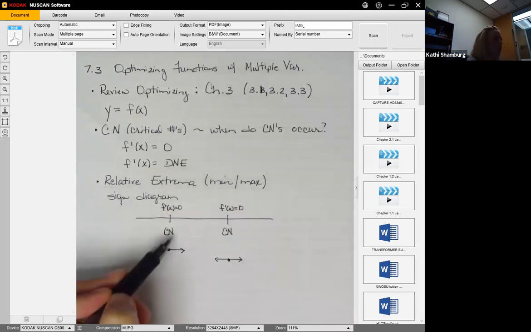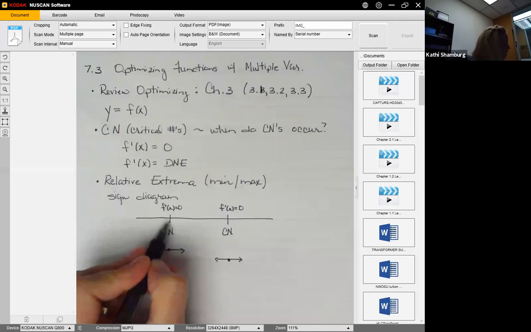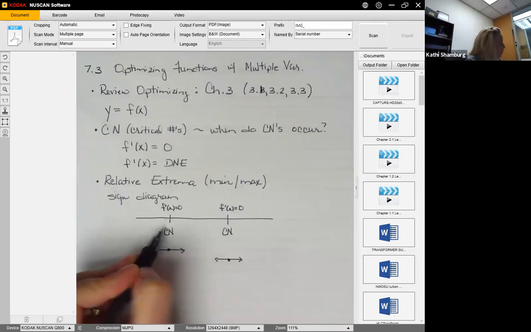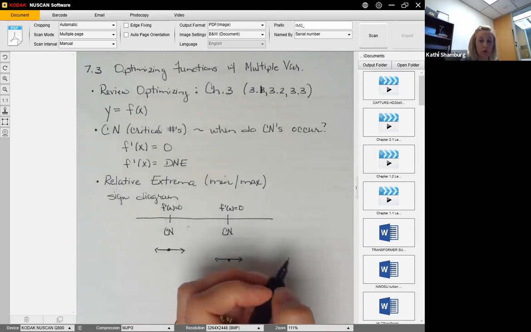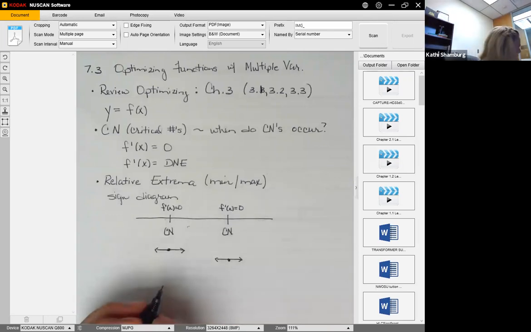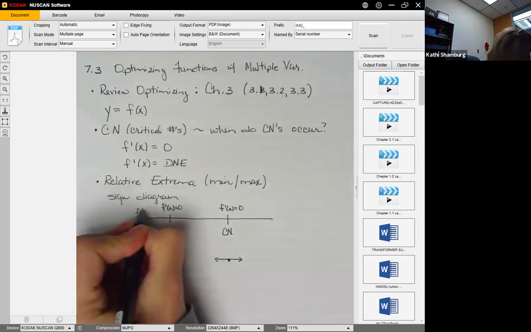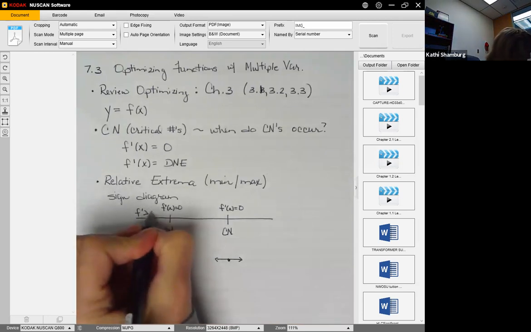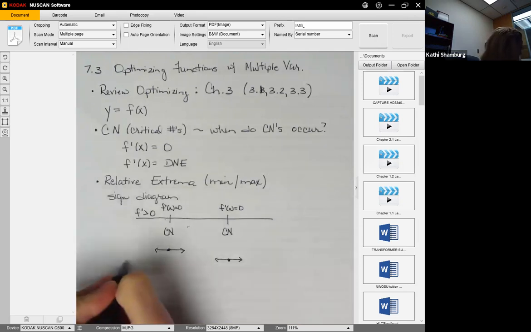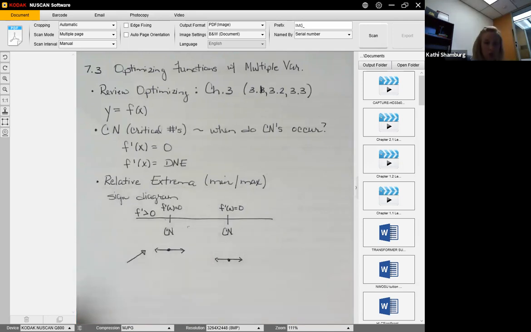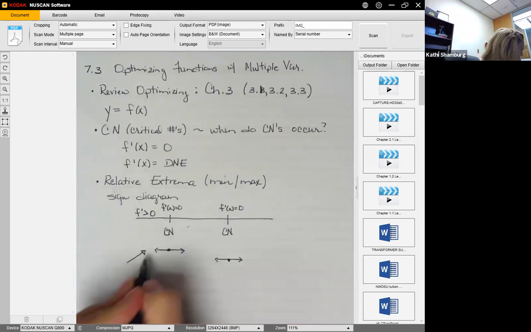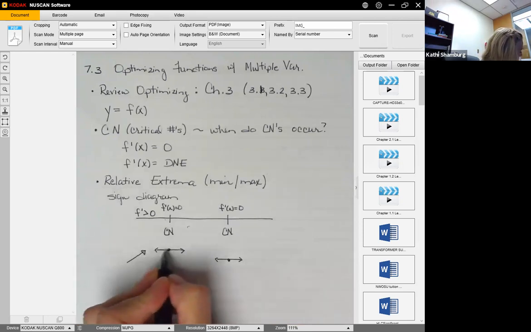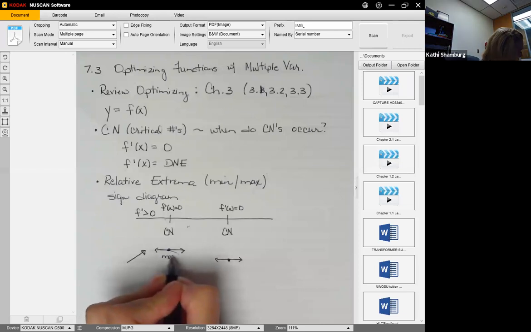And then what we did was we found a number over here and we plugged it in. We found a number here, plugged it in, and did the same thing here. And then when we plugged it in, we were looking for, is it a positive or a negative number? Because that would tell us if, let's say, the first derivative, when you plug that in, was greater than 0, then what you know is that your slope is positive. So it's going up. Then it would hit this max. So this would be a maximum.